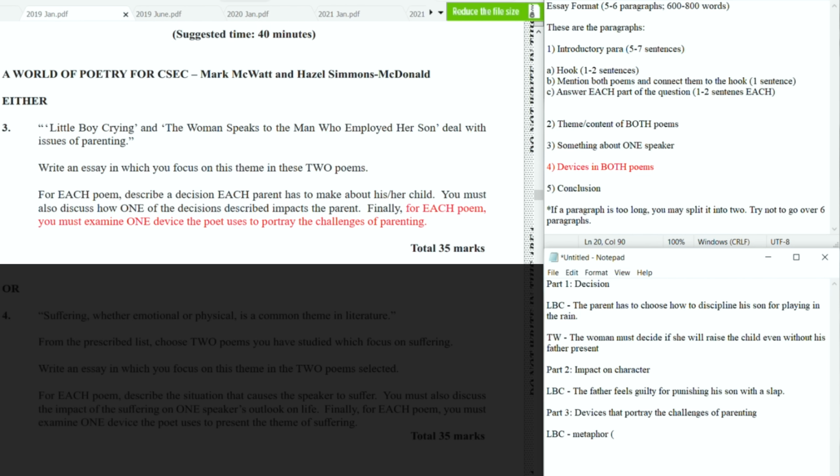For part 3, it's very important that you're able to cite examples from the poem. Choose devices for which you can cite examples. So you really need to know the poems. For a little boy crying, I know the father is a giant and an ogre.